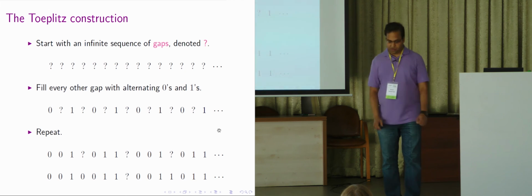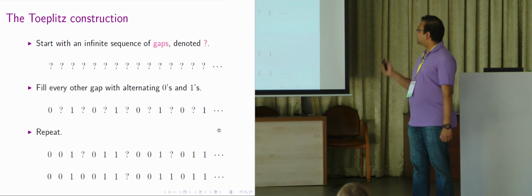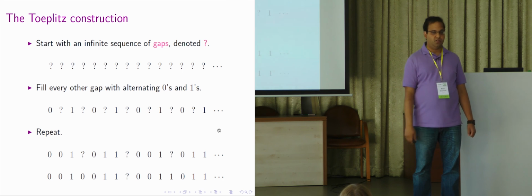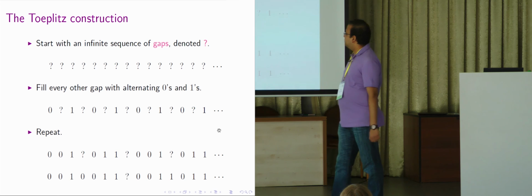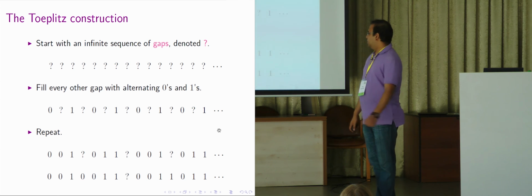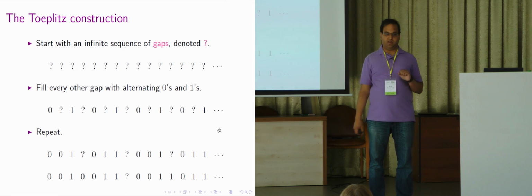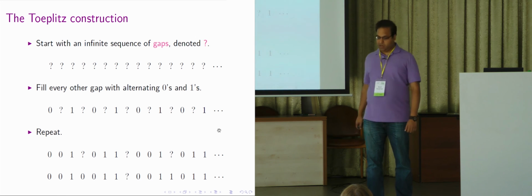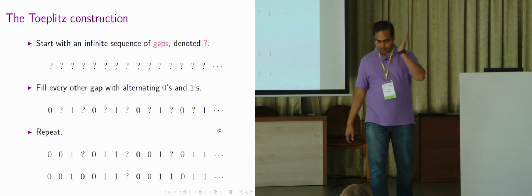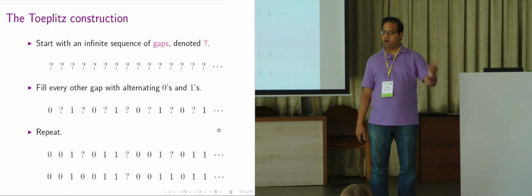And here's another construction of this same word. This is another very nice construction of infinite words, the so-called Toeplitz construction. The way this construction works is you start with just an infinite sequence of gaps, and then you fill in the gaps in a certain way. What you do is you fill in every second gap by the alternating sequence 0, 1, 0, 1, 0, 1.